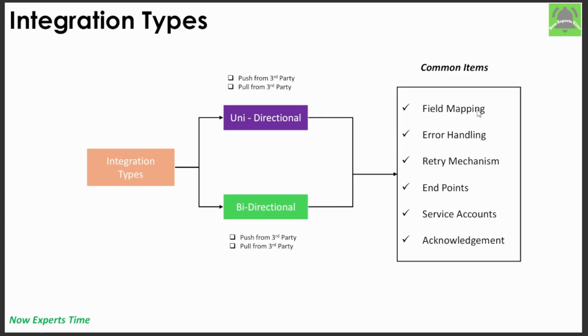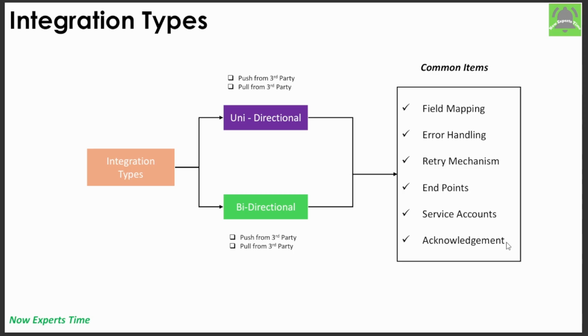Next, when the field mapping is done, then the integration is done. The next is acknowledgement. That means the data is transferred from ServiceNow to the third party, or from the third party to ServiceNow. How can we ensure the data has reached or not? To ensure this, we use acknowledgement. Acknowledgement is normally like a response, correct?